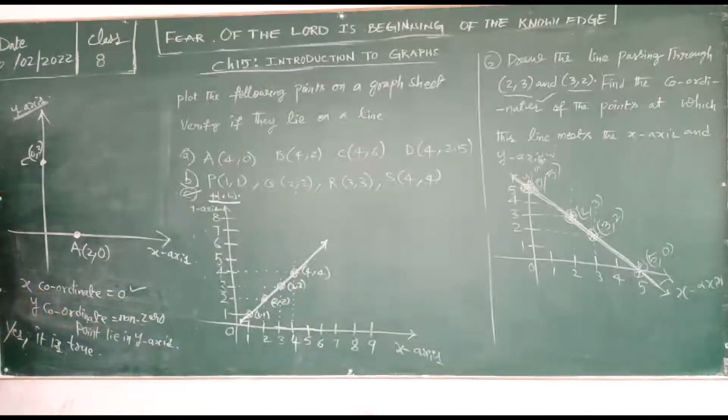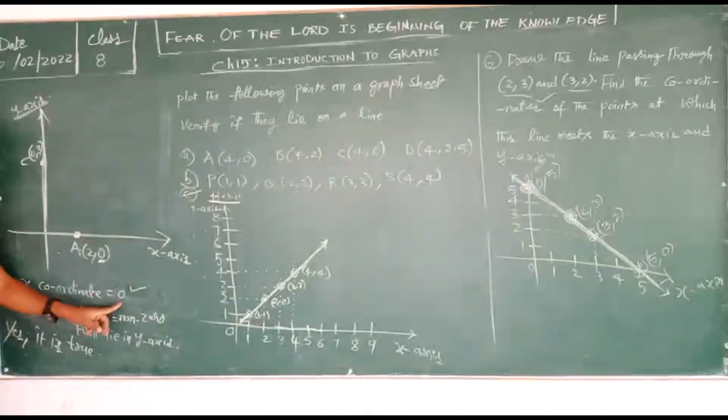Once again observe carefully. X coordinate is 0, point lies in which axis? Y-axis. If y coordinate is 0, point lies in which axis? X-axis. So you understood, when x coordinate is 0, it lies in y-axis.